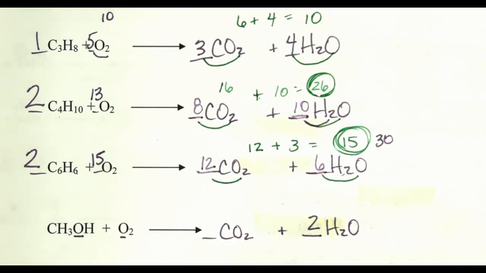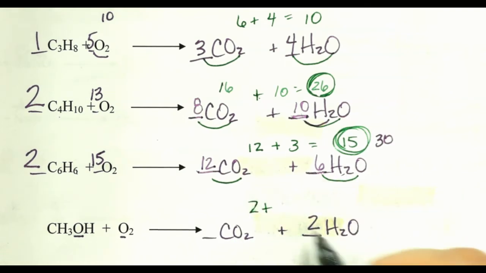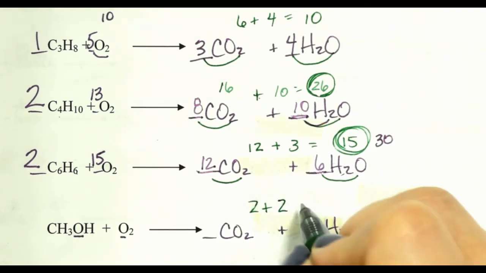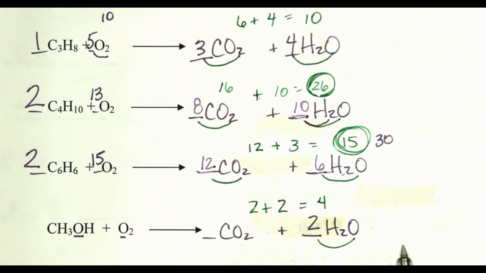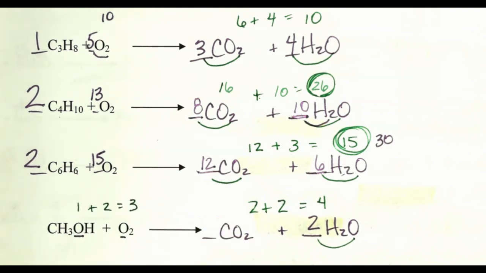And now I can add up my oxygens. This is tricky because over here I have a single oxygen there and 2 oxygens here. On the right, I have 2 plus 2 equals 4. And normally that wouldn't be a problem, but it's a problem today because that 1 oxygen there means that I have 1 plus 2 equals 3.